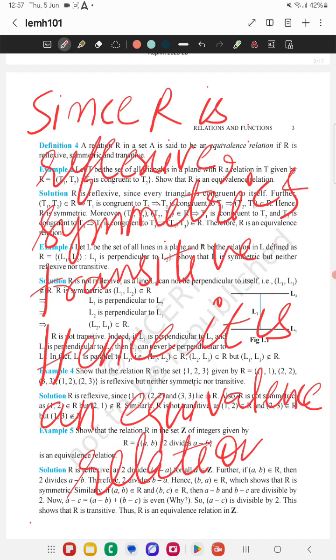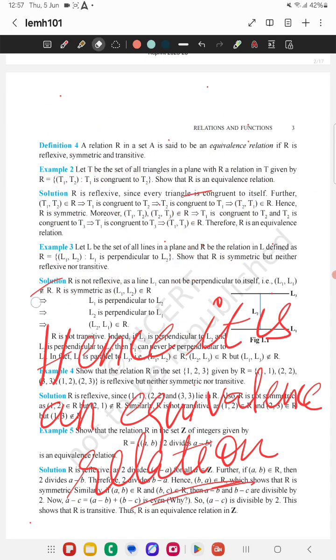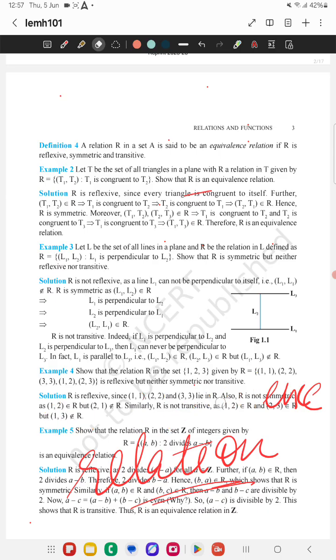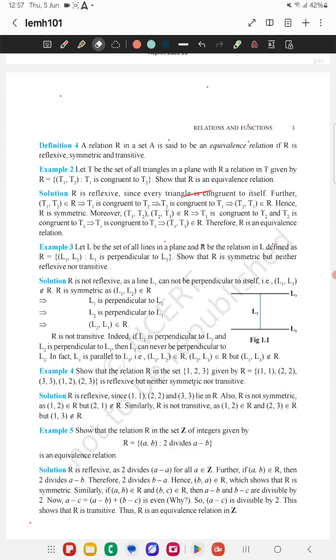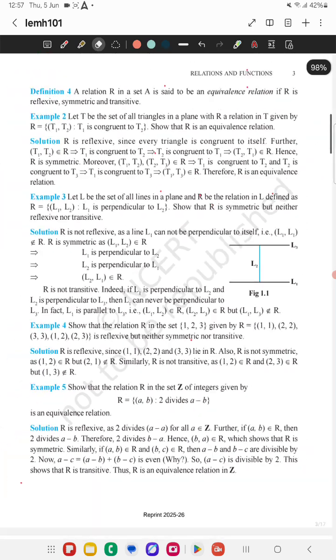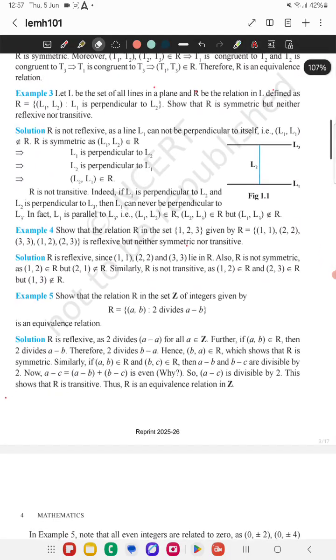So these are the steps of how you are going to write the solution. I hope it is clear to all. You must learn how to write the steps of the question. So I will take one more example.